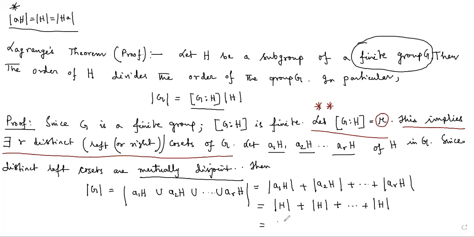So that can be written as r multiplied by cardinality of H. And as you have assumed that small r is the index of capital G with respect to H, I can replace r with the index, the symbol G colon H, which will be multiplied by the cardinality of H. So we have correctly proved that the index of the group with respect to the subgroup H is actually the ratio of the cardinality of the group and the cardinality of the subgroup.